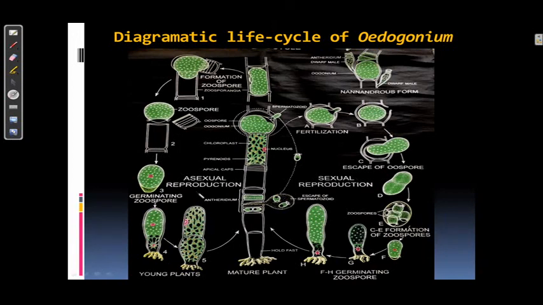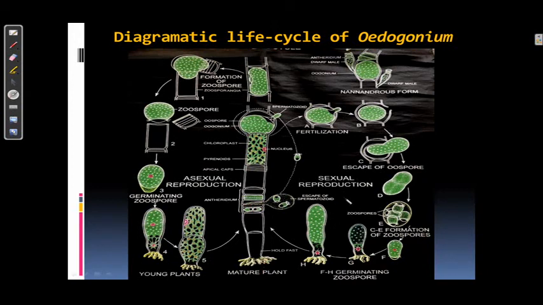In asexual reproduction, it occurs either by formation of zoospores, which germinate to form the mature plant, or by the formation of akinetes, which are produced during unfavorable conditions. And on return of the favorable conditions, they germinate to produce the mature plant.